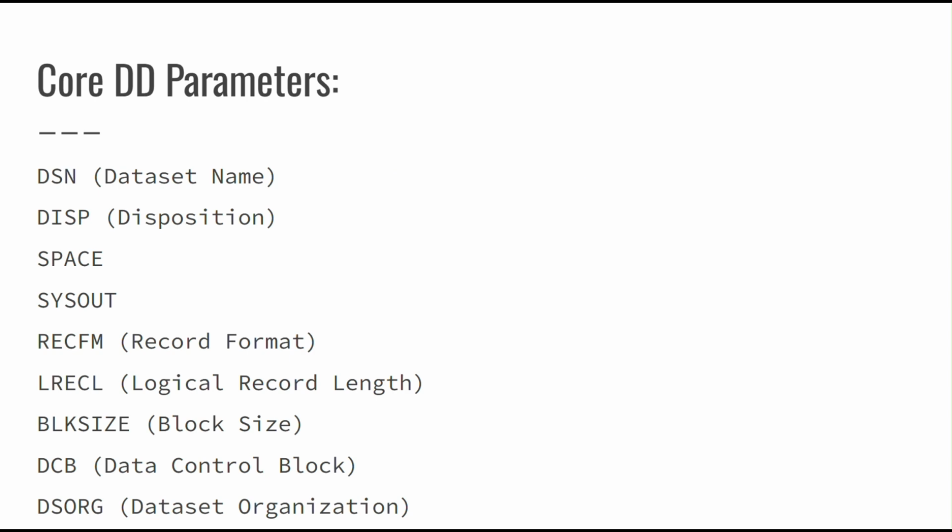These are all the core DD parameters: DSN, which means dataset name; DISP, which means disposition; SPACE, which is space only; SYSOUT, which is system output; RECFM, which means record format; LRECL, which means logical record length; BLKSIZE, which means block size; DCB, which means data control block; and DSORG, which means dataset organization.